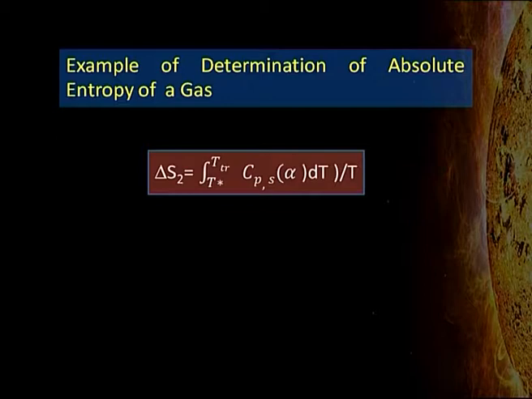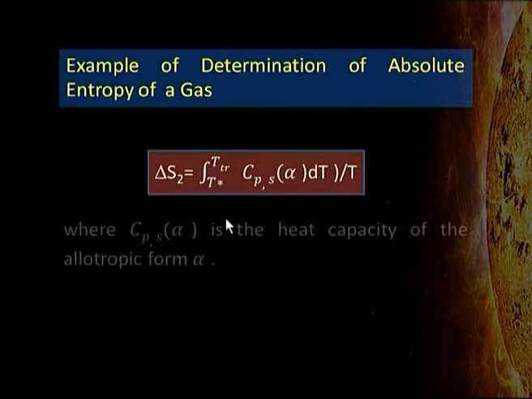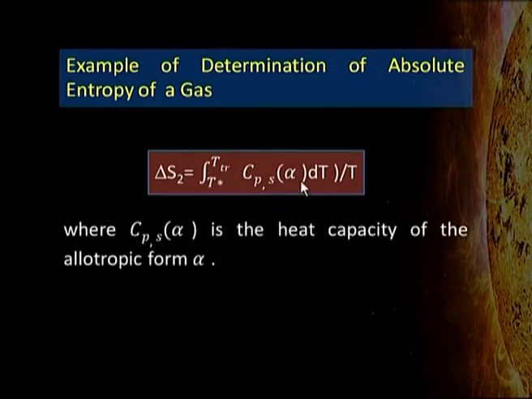Now, delta S2 will be equal to the integral of Cps alpha divided by T dT within the limits T star to T Tr. Here Cps alpha is the heat capacity of the allotropic form alpha.